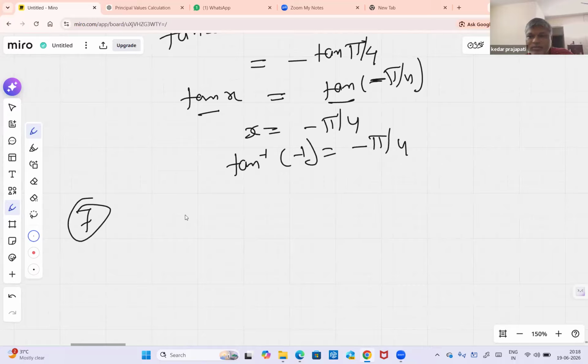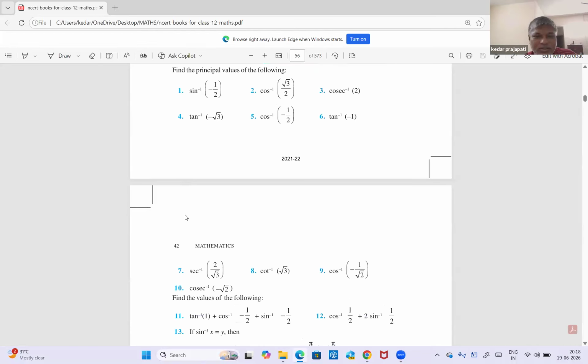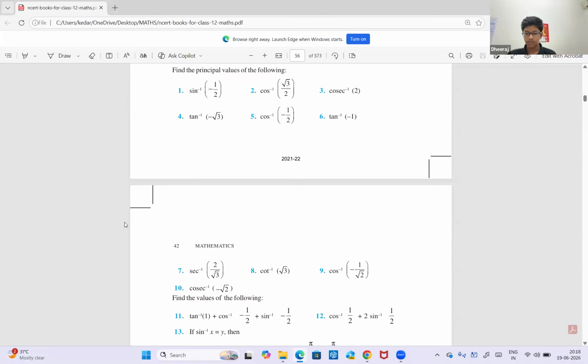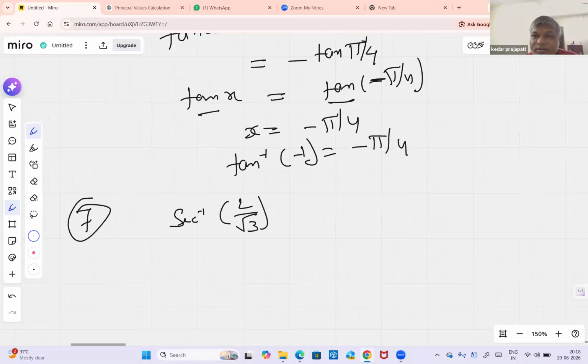Question 7. You said you have to go by 8:30, right? Okay, we'll do one more question. Cot inverse root 3, the seventh one, is easy, right?